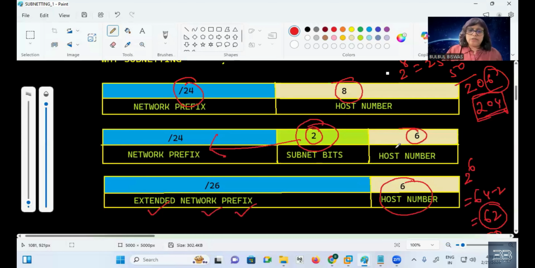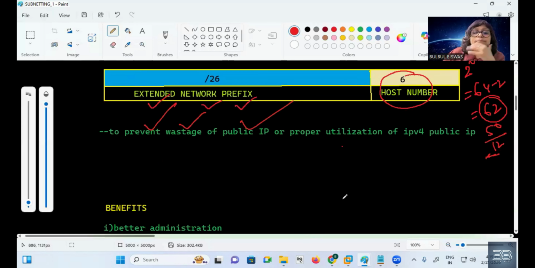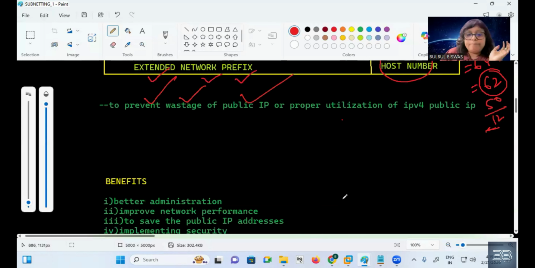And if I go for that, then you can see we can prevent wastage of public IP address, or we can say the proper utilization of the public IP address. Now the question is, why did this situation come?